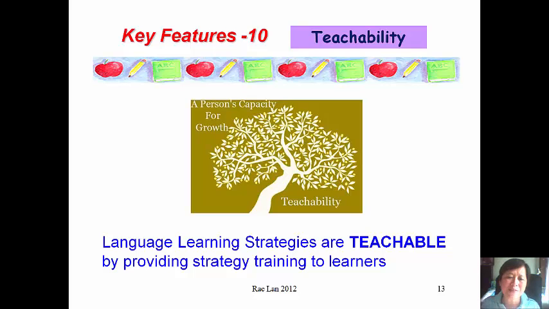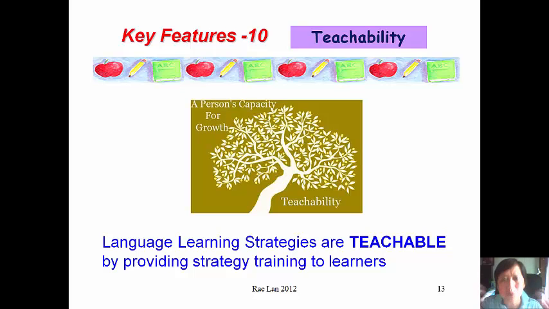Now, think about the fact that there are some students out there who probably do not have a very clear understanding about certain language learning strategies. Or think about yourself. When you first came to this class, you probably were not aware of the strategies that you have been using.